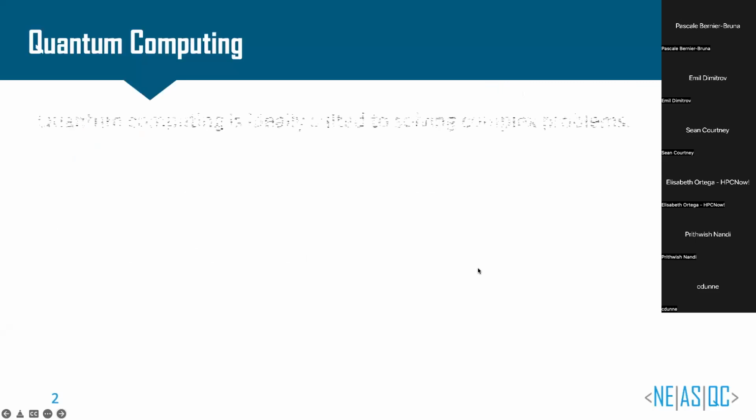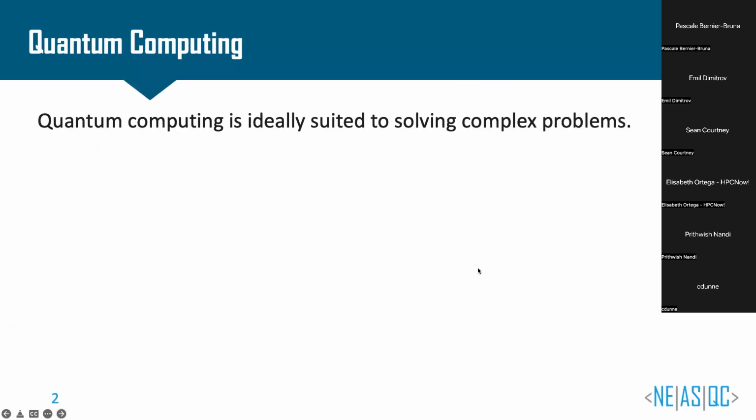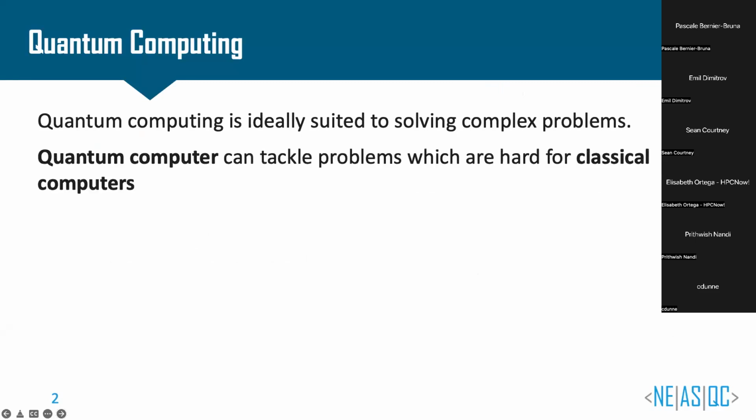So why quantum computing? Needless to say, quantum computing is one of the hot topics nowadays. Ideally, it's very straightforward: solving very complex problems, where quantum computers can tackle things that could be very hard or even impossible in classical computing.